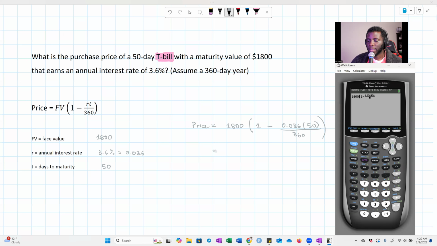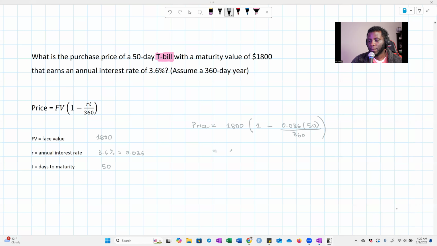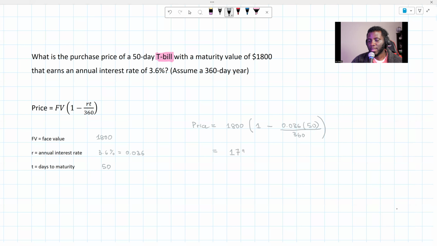And all of this would be divided by 360. We close the parenthesis and we get $1,791.